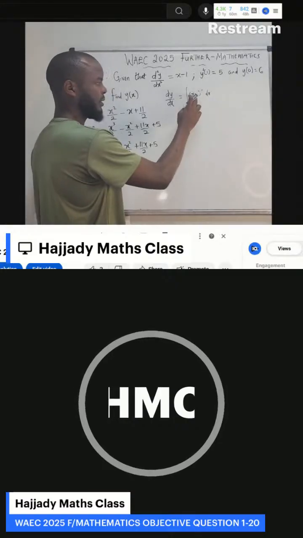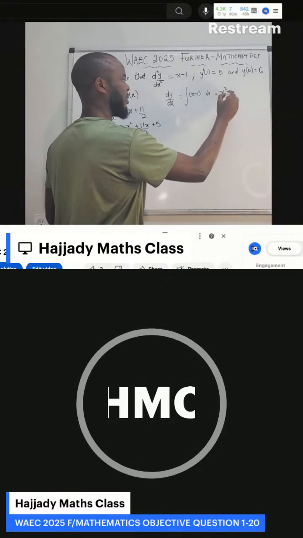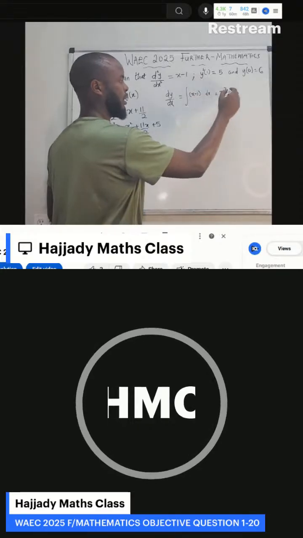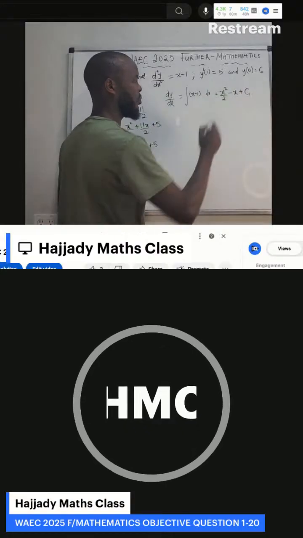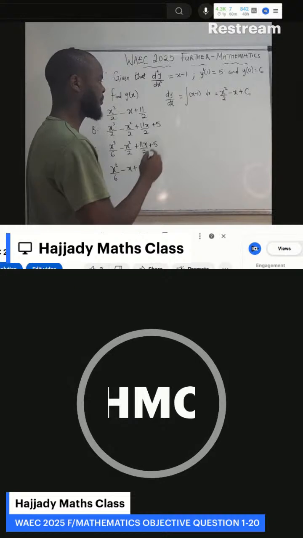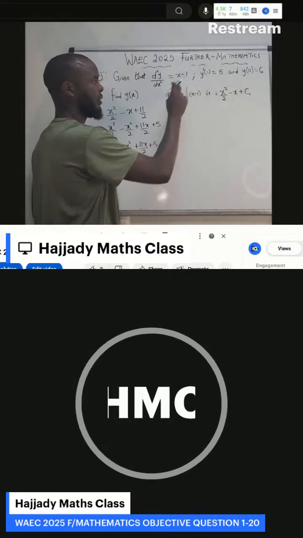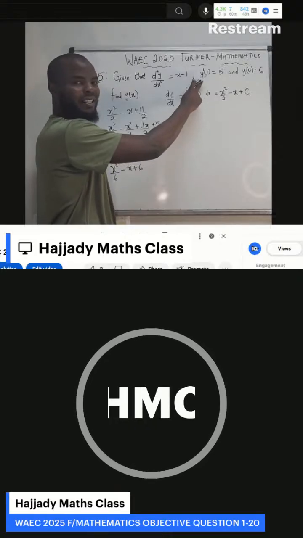When you integrate, this is going to be x squared over 2 minus x plus c1, which is the constant. This is the first integral. This is the same thing as saying dy/dx.